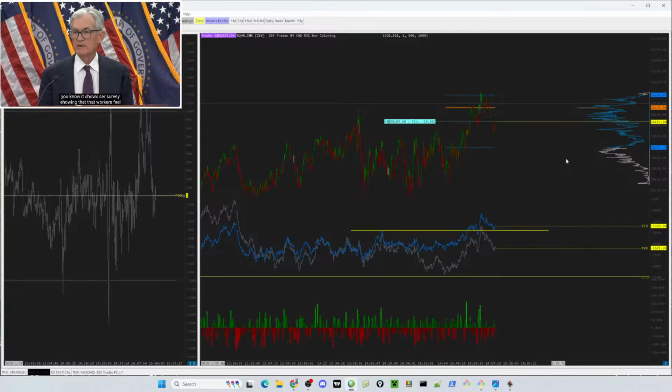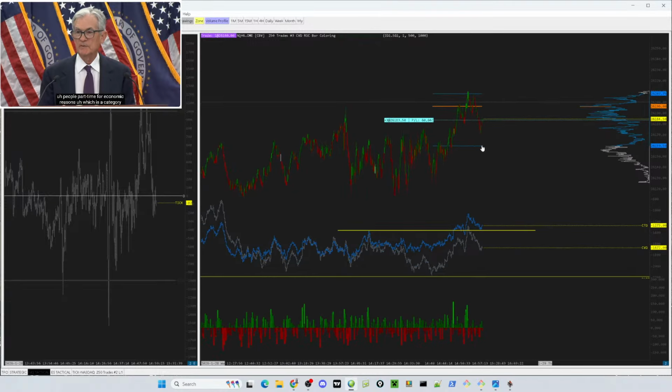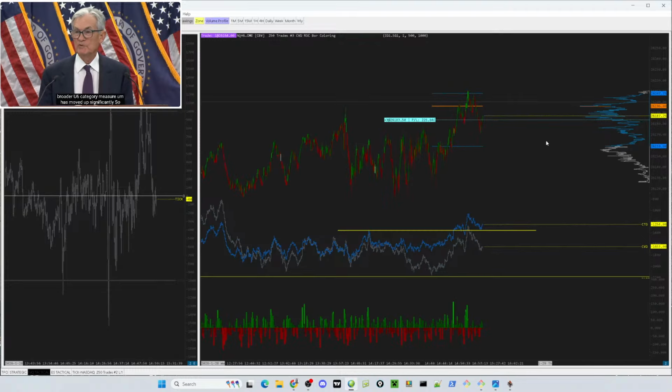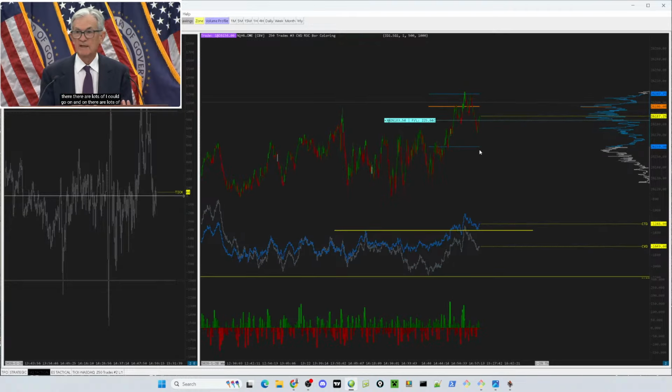People part-time for economic reasons, which is a category within the broader U6 measure, has moved up significantly. So there are lots of little places that suggest that the labor market has softened. But you're right, part of payroll job softening is that both the supply and demand for labor has come down. Growth in those two have come down. So that makes it a difficult time to read the labor market.